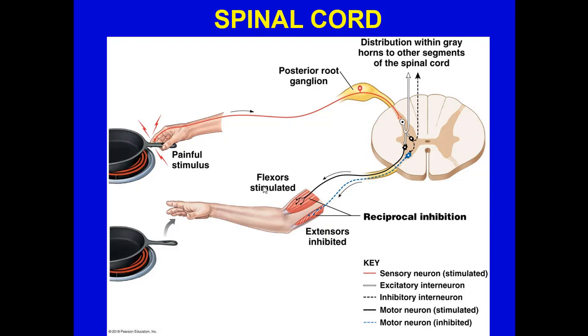If you couldn't get either of them stimulated or inhibited, that hand could literally be in the same place and burning. So sensory information is passed up, and now you get two motor inputs. One is inhibitory to the extensor muscles, and this is called reciprocal inhibition, whereas the flexor is stimulated. So the hand gets moved back. But this is all on one side of the body.